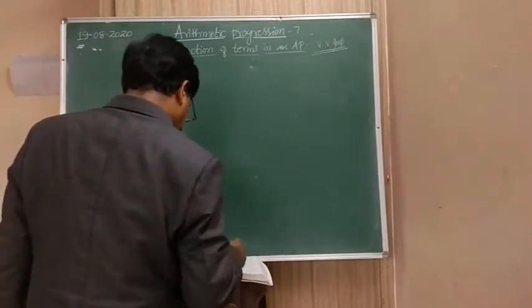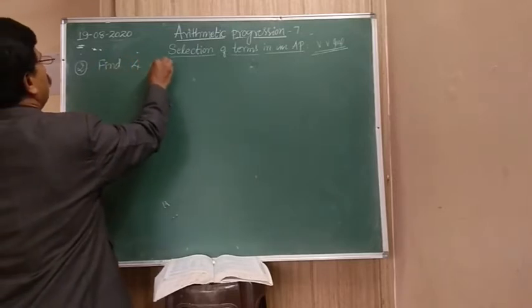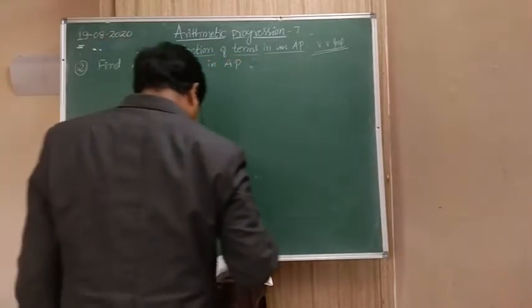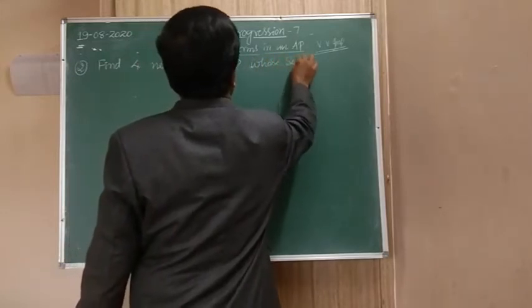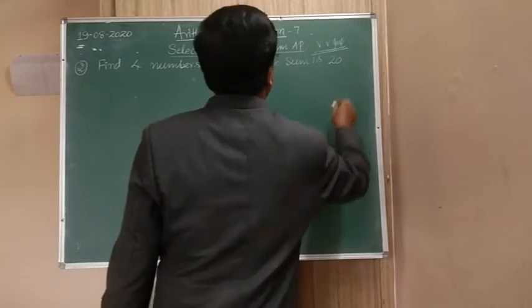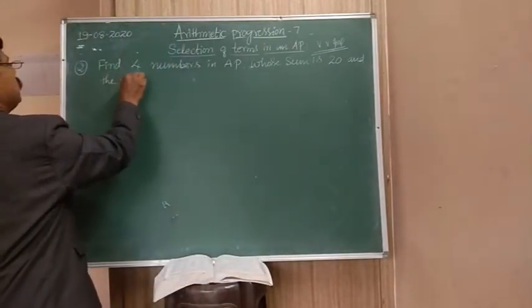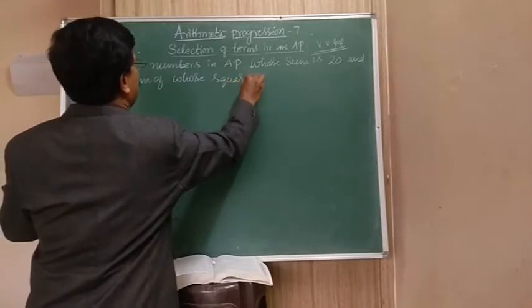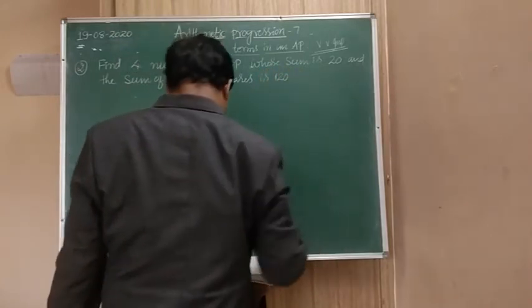Now the second one is: find 4 numbers in AP whose sum is 20 and the sum of whose squares is 120.